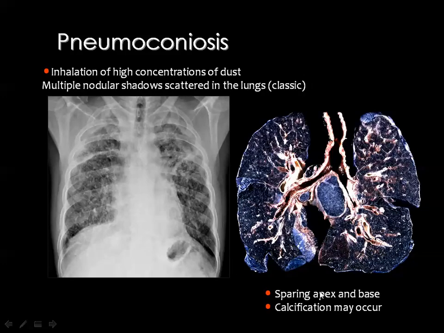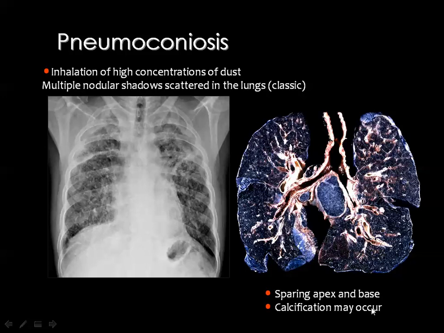Then we came to the pneumoconiosis, which means that there is inhalation of high concentration of dust, which will lead to multiple nodular shadows scattered throughout the lung. They usually spare the apex and the base, and they may contain calcium.